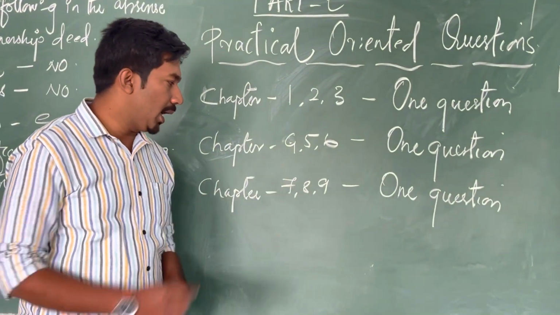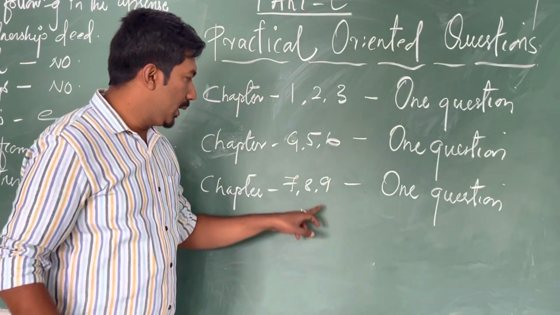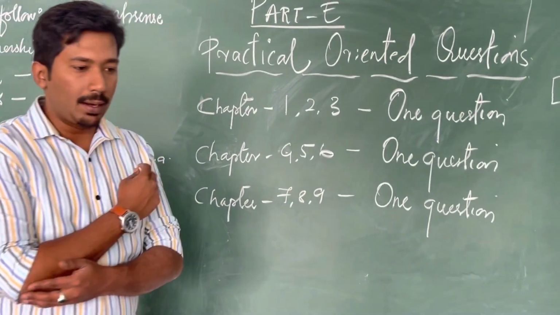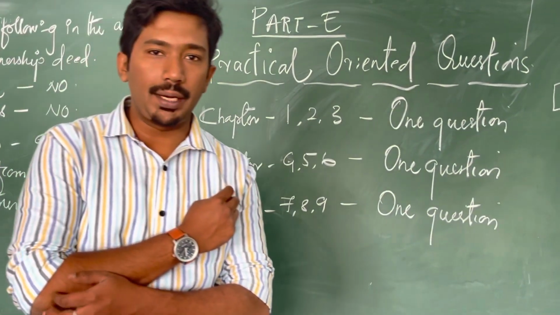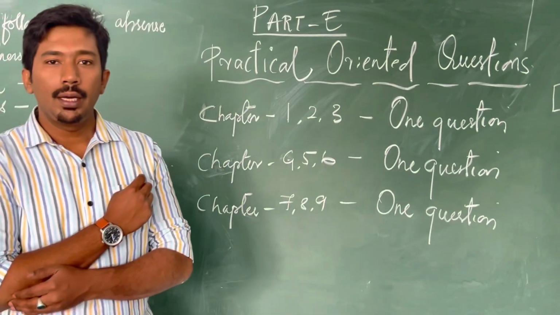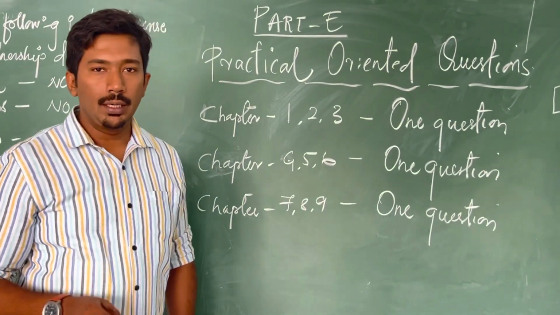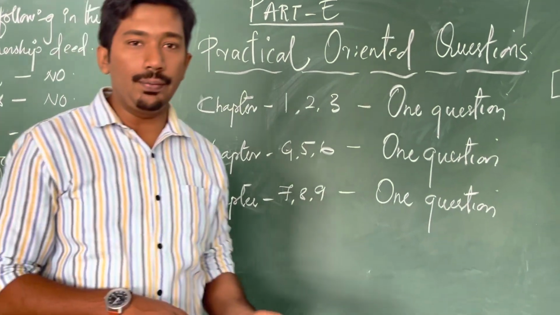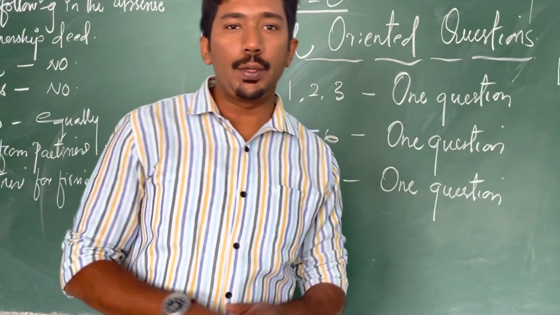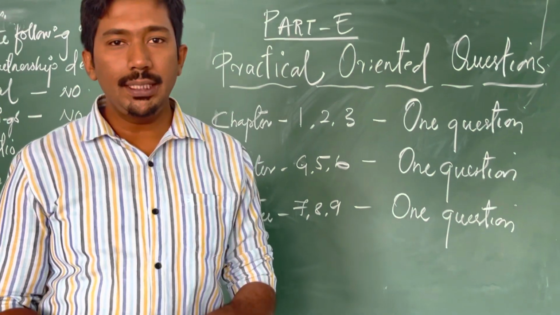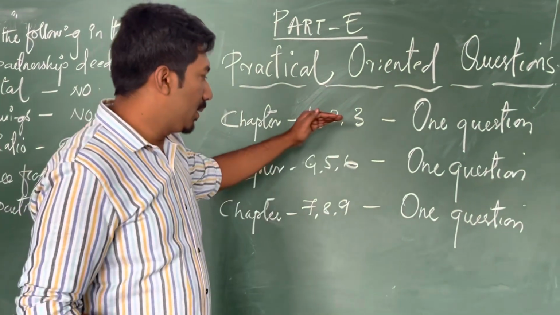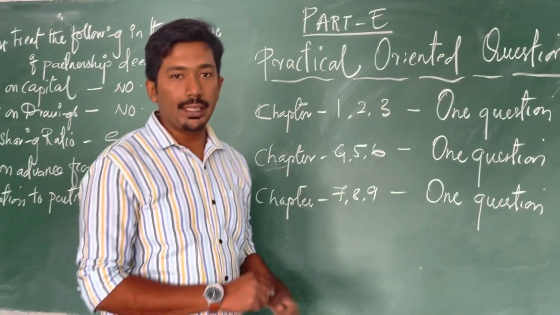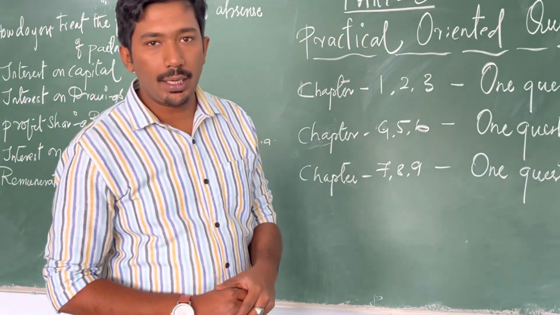Okay, the last they will ask you is from the chapter analysis of financial statement. They can ask you to make a profit and loss statement under comparative analysis, or it will be under common size analysis. So these are the main chapters where you will be getting this practical oriented type question.